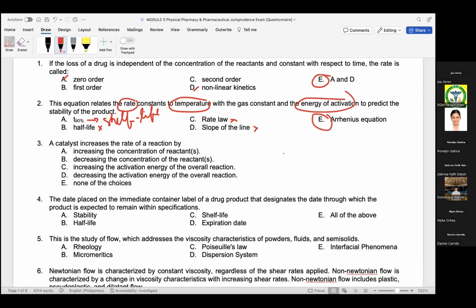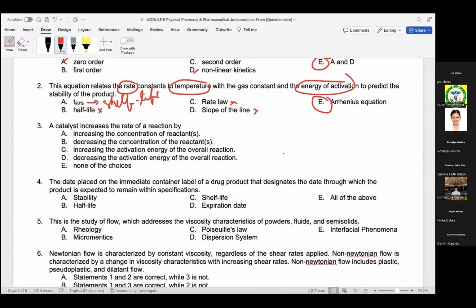Next, number 3. A catalyst increases the rate of a reaction by, the correct answer here is decreasing the activation energy of the overall reaction. So remember, in a reaction, the energy that is required for a reaction to proceed is called as activation energy.